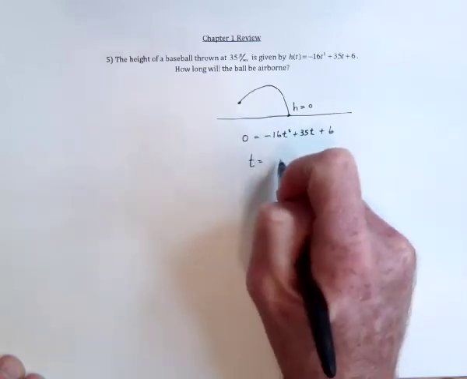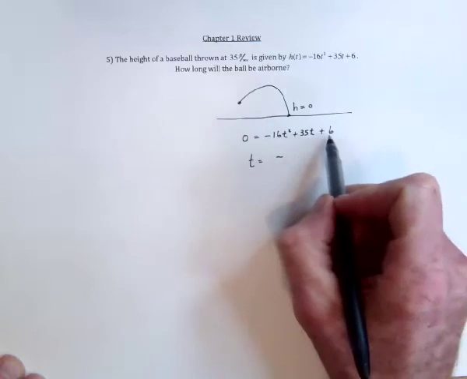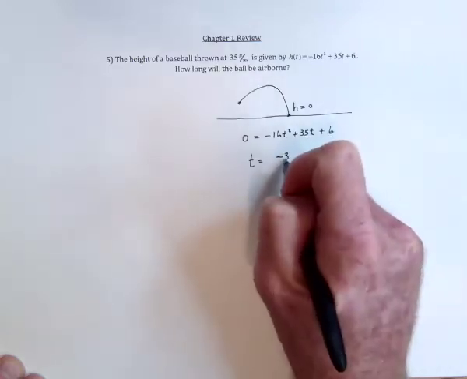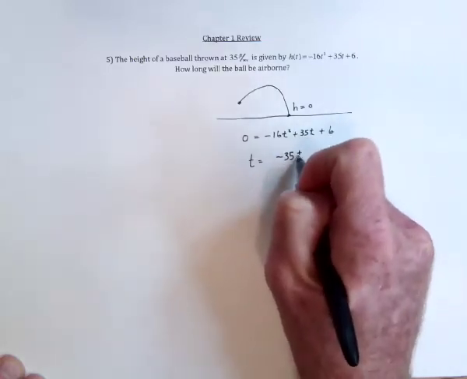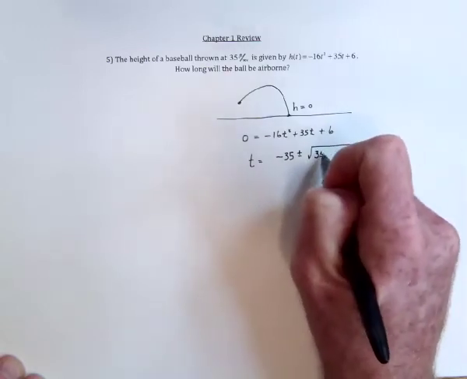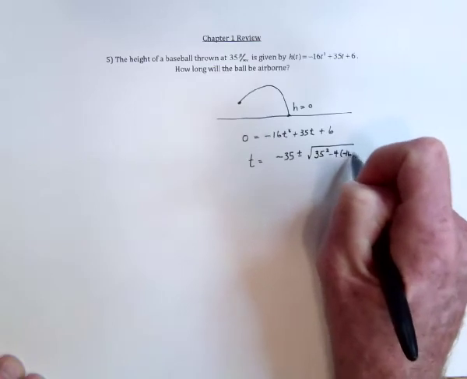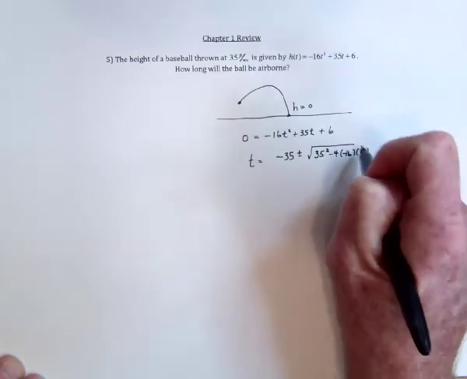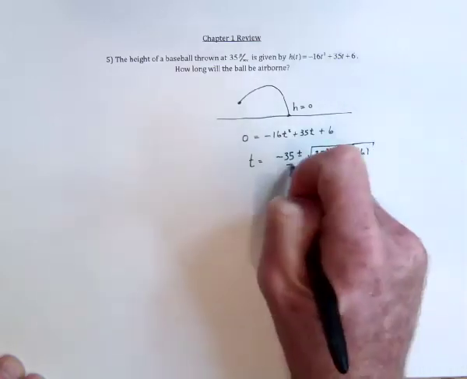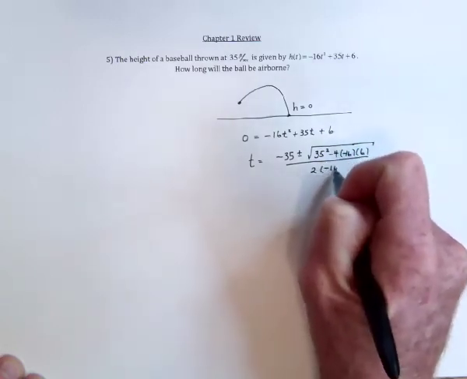So t is going to be equal to, so this is going to be a, b, and c, negative b plus or minus the square root of b squared minus 4 times a times c, all divided by 2 times a.